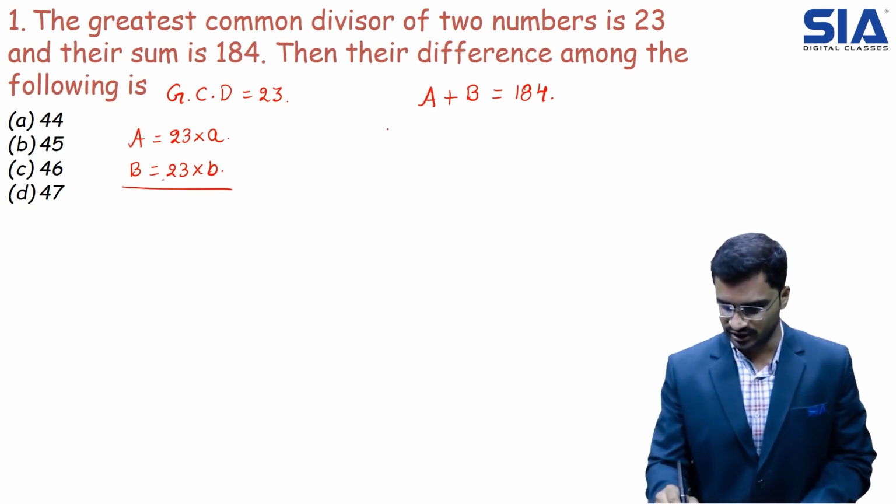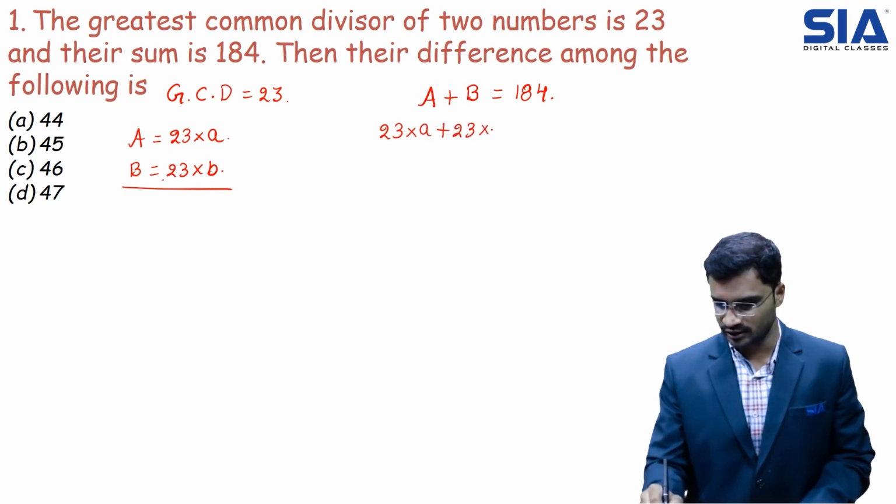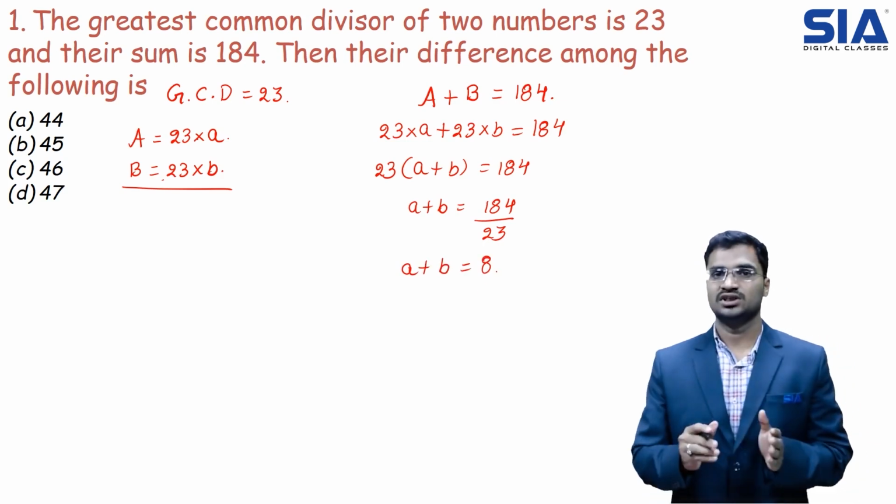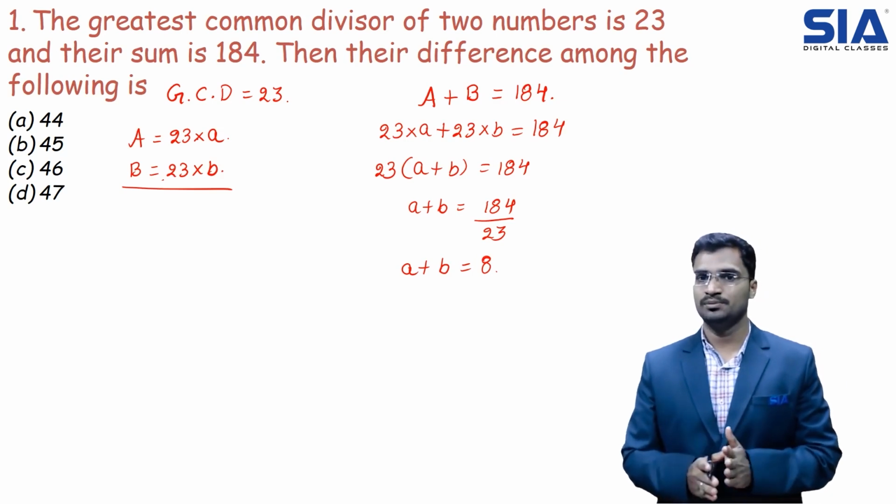Now let us substitute it here: 23a plus 23b is equal to 184. Let us take 23 common. Then a plus b is equal to 184 divided by 23. Now I get a plus b as 8.